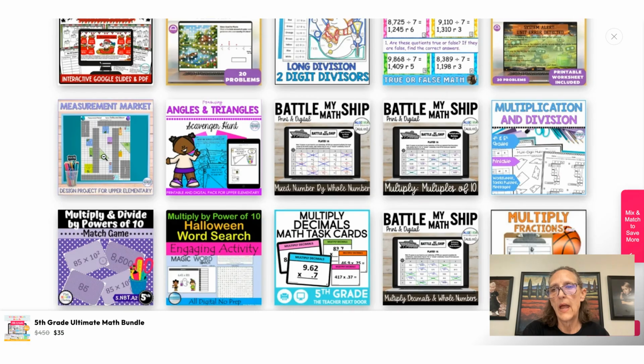It has triangles, squares, and rectangles, and they have to find the area. But then they also say you have a smoothie booth or a juice booth. They are working with converting liquid units, liquid capacity, and so on and so on. So it's pretty involved and really cool, I think.